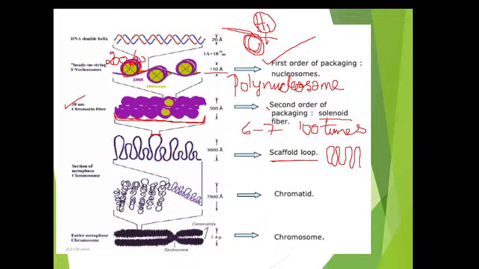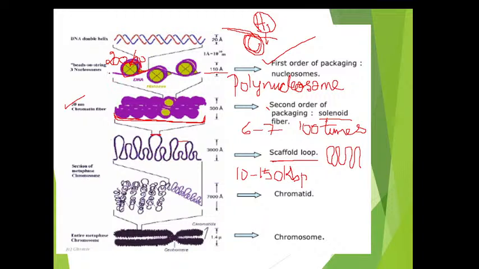A simple looping is formed, and as a result of this looping, each loop will contain 10 to 150 kilobase pairs of DNA, KBP, and this is known as protein scaffolding. So it again reduces the area which is occupied by the long 2 meter DNA.